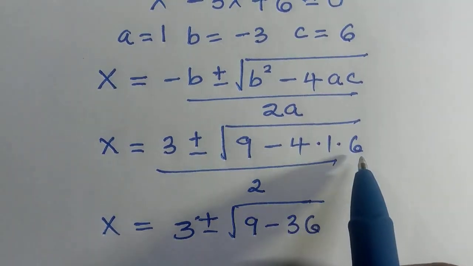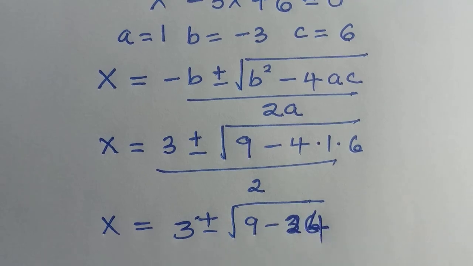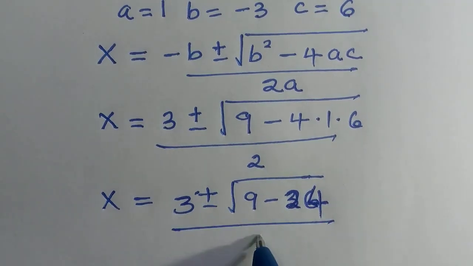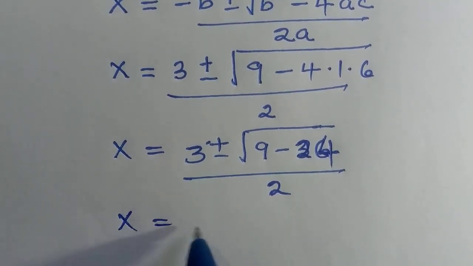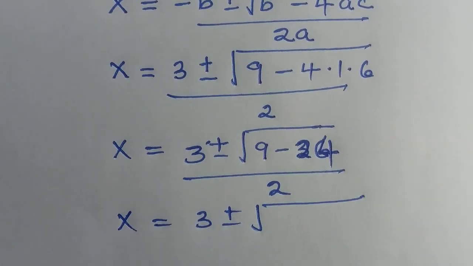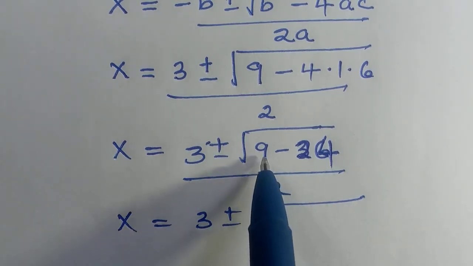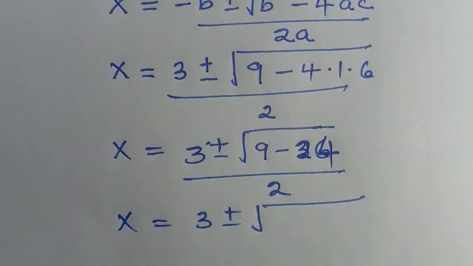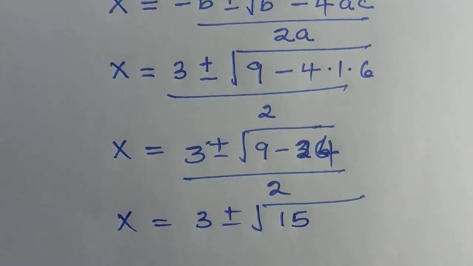Sorry, 4 multiplied by 6, that is 24, divided by 2. So we have x equals 3 plus or minus square root of, so by taking 9 out of minus 24, what we are going to have is, I think, 15. So we have 15, but it comes as negative.